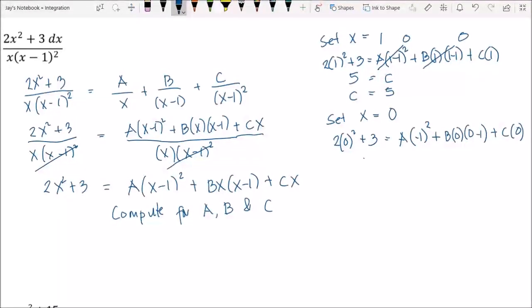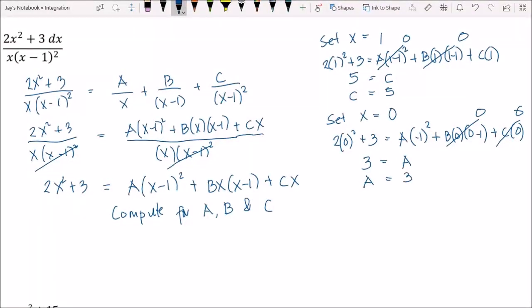So it would give us 3 is equal to negative 1 squared, that's still a. Since we have b times 0, it's all equal to 0, and c times 0 is equal to 0. So easily we can get a is equal to 3.